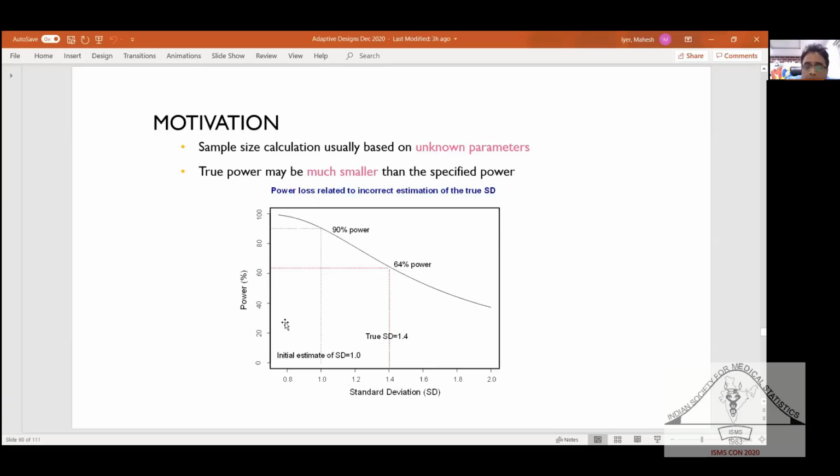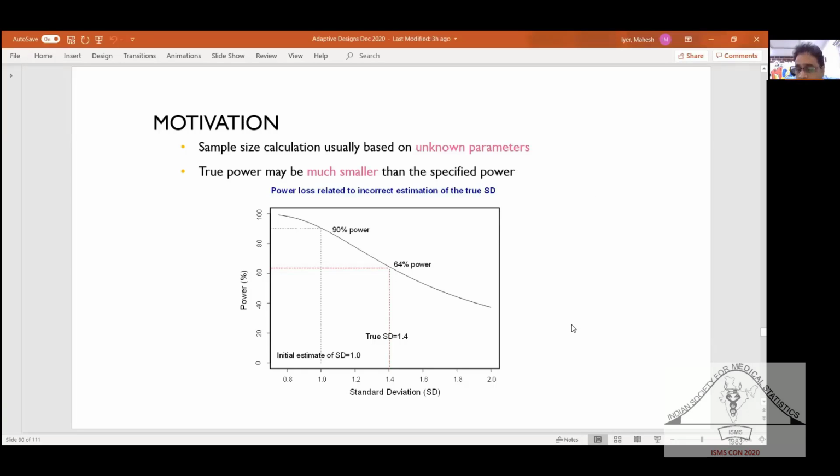Now let us say, obviously you don't know what your effect size is, correct? Because your effect size is what you hypothesize. You say that my drug can be better than the existing drug by 10 millimeters of Hg. So your effect size is what you hypothesize.